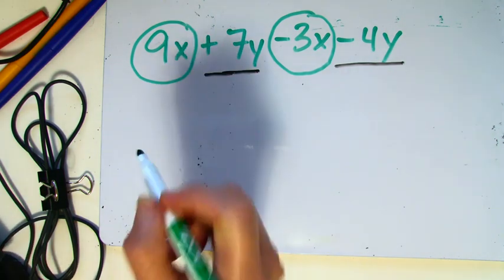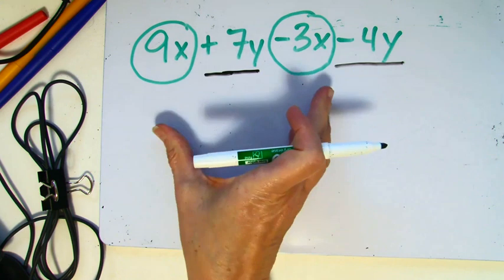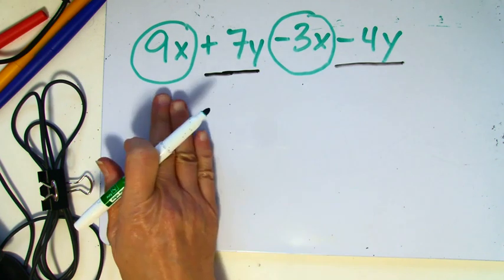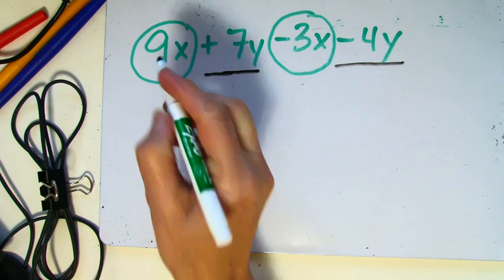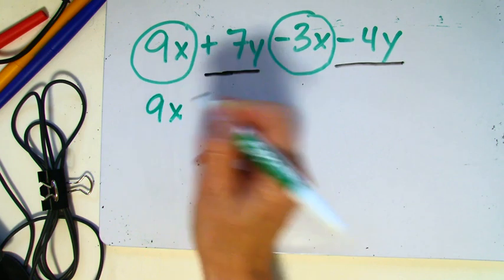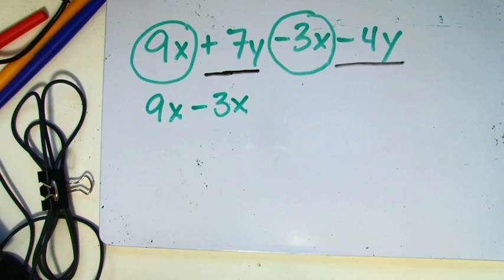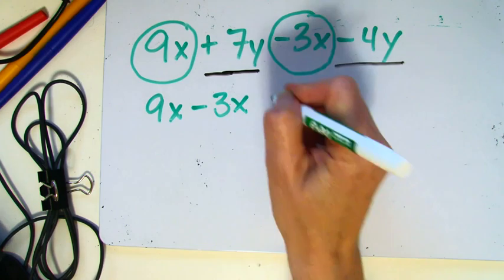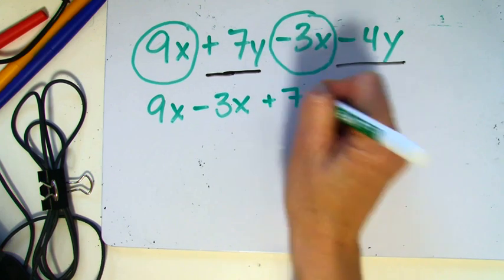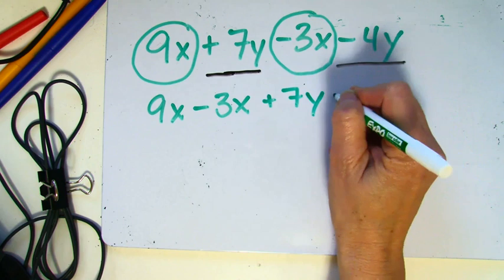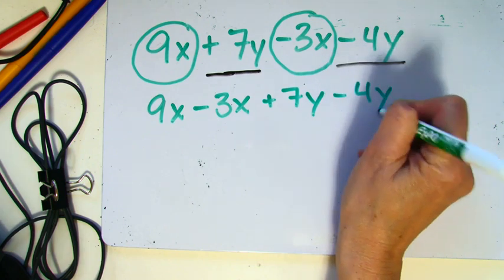When I rewrite it, I want to change the order. I'm going to combine my x terms. 9x minus 3x, plus 7y minus 4y.